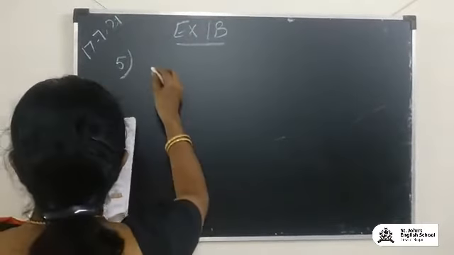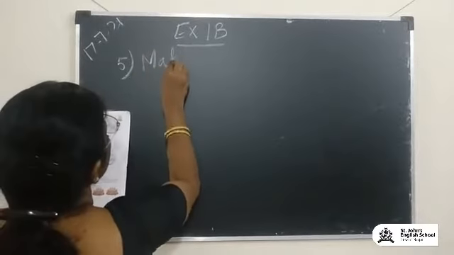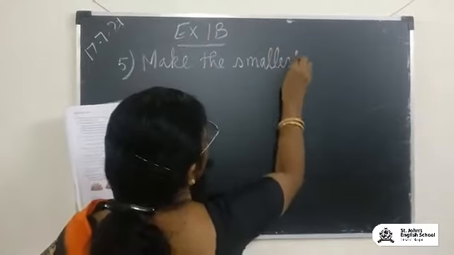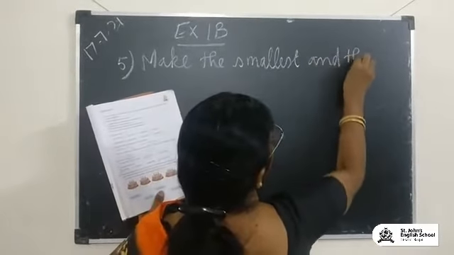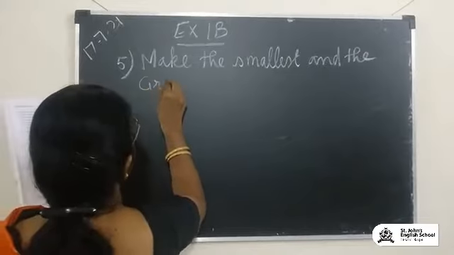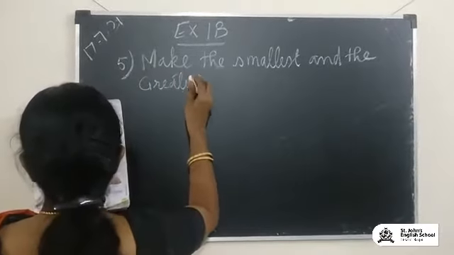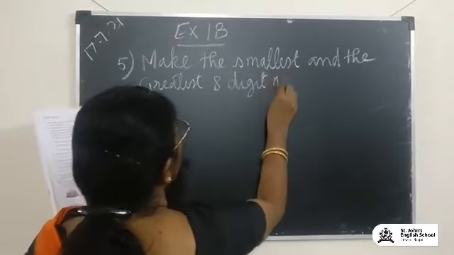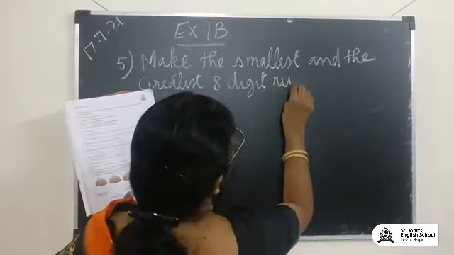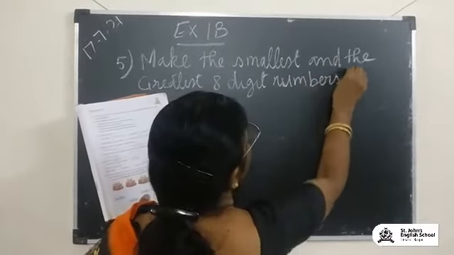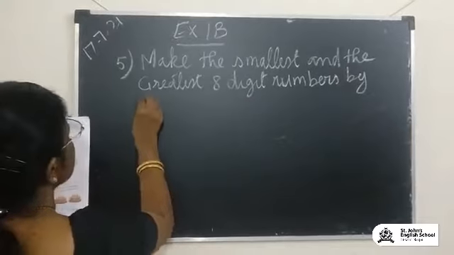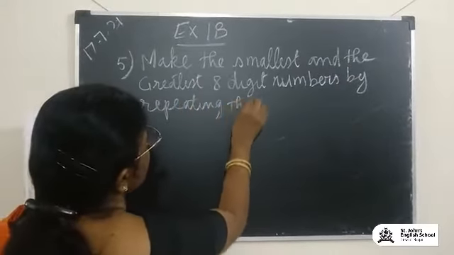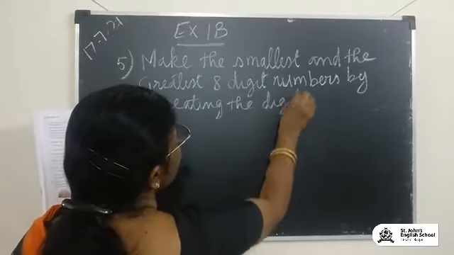So question number 5 is: make the smallest and the greatest 8-digit numbers by repeating the digits. I'll tell you why you have to repeat the digits, and I'll write the sum on the board.